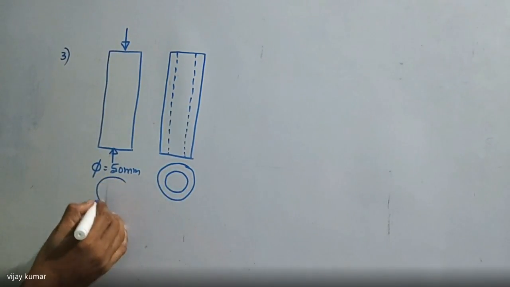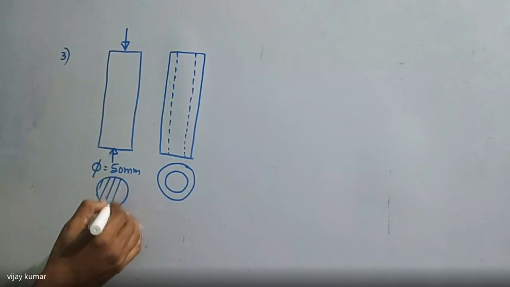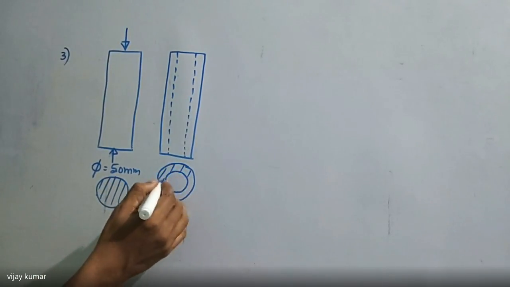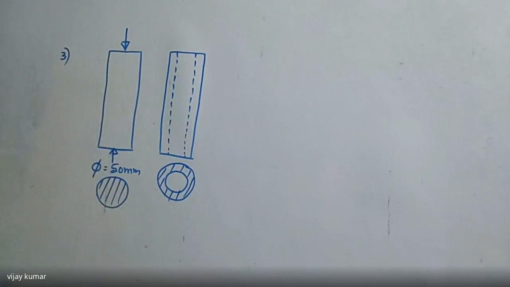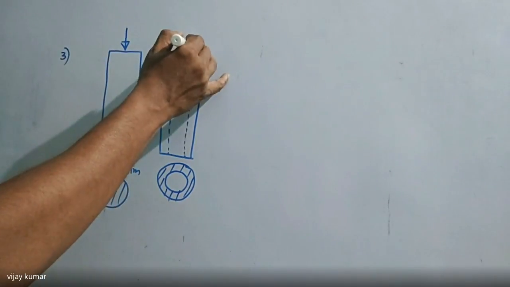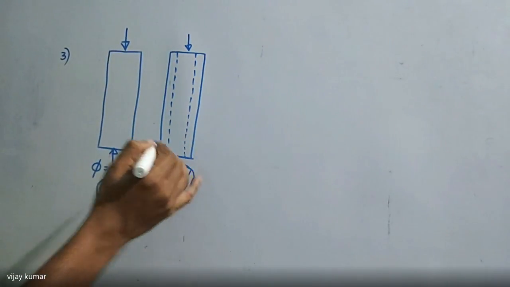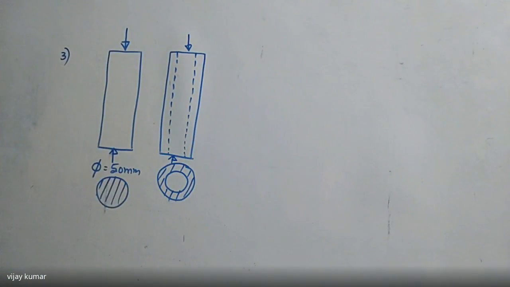This is a solid section. It is also subject to the same compressive load. Find the size of the hollow section if the internal diameter is 0.6 times of the external diameter.